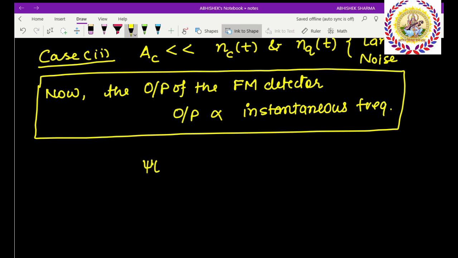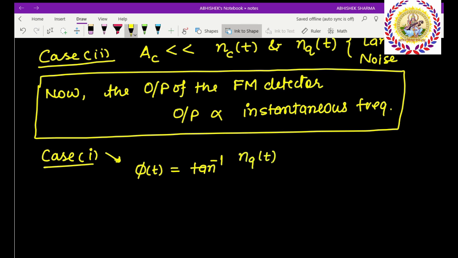phi of t, not psi of t, phi of t will be equal to tan inverse nqt divided by AC, which is a small noise case.